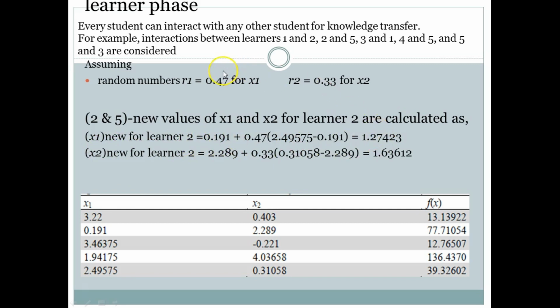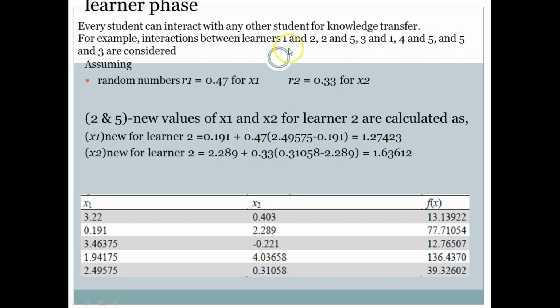So let us take some interactions that are going to happen among the learners. Let's say 1 and 2 are interacting, 2 and 5 are interacting, 3 and 1 are interacting, 4 and 5, and 5 and 3 are interacting.